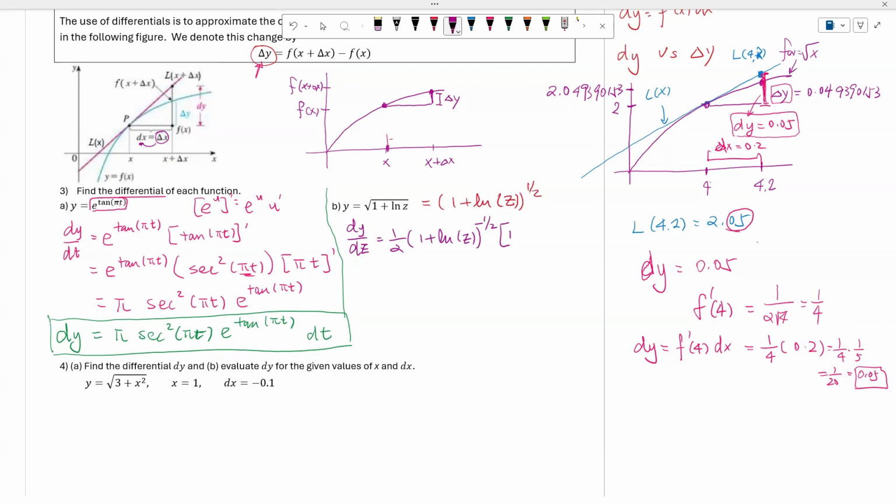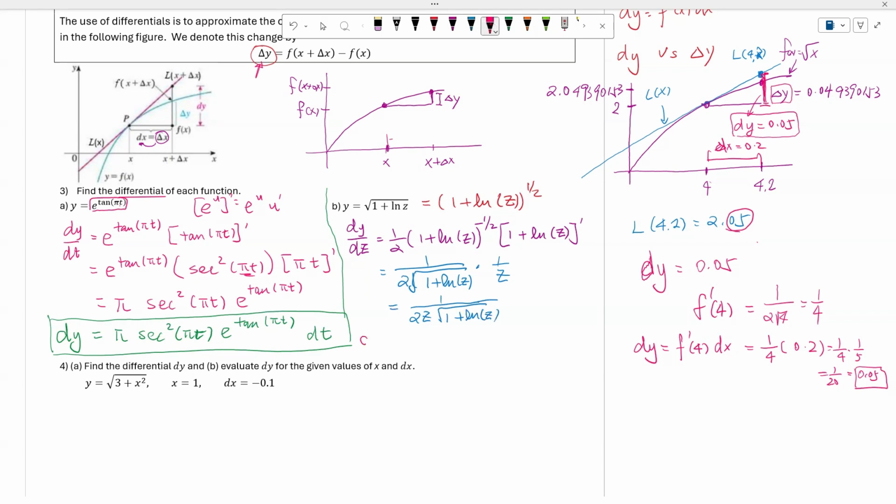And we need to take the derivative of the inner function. It is 1 over 2 times square root of 1 plus natural log of z, multiplied by the derivative of 1 plus natural log of z. The derivative of 1 is 0, but the derivative of natural log of z is 1 over z. So then I will have 1 over 2z square root of 1 plus natural log of z.